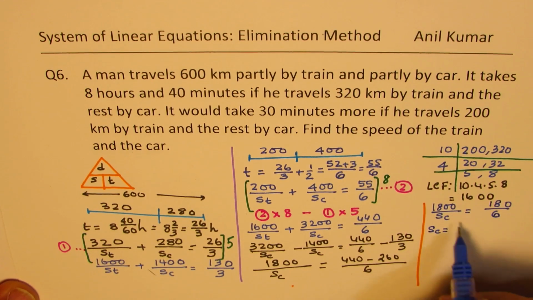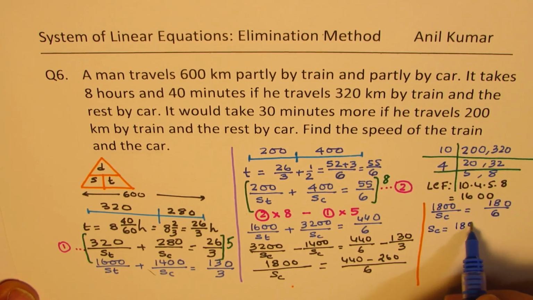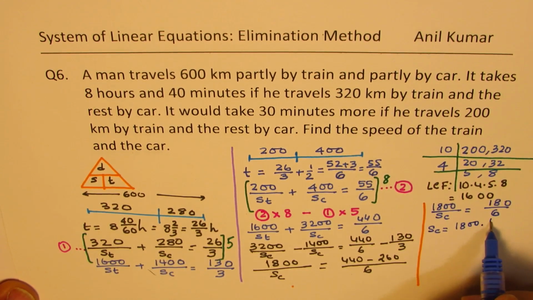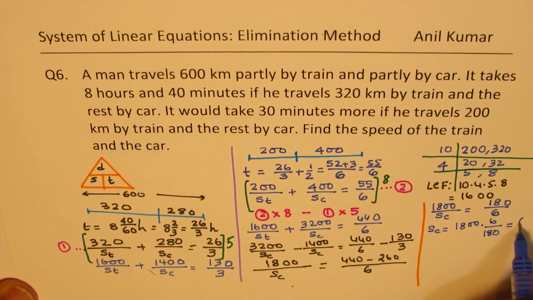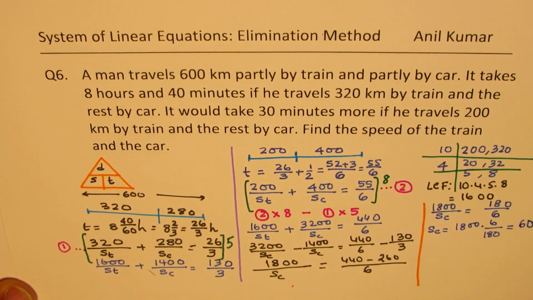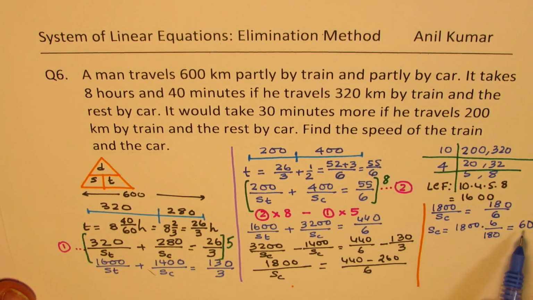Speed of car is equal to 1800 times 6 over 180. Correct? Which is clearly 10 times 6, 60. So the values are taken for easy calculations. Calculator may not be allowed for this question sometimes. So we get a speed of car as 60, right?